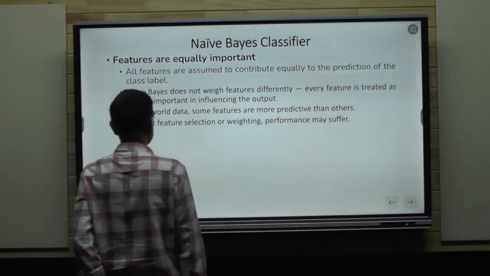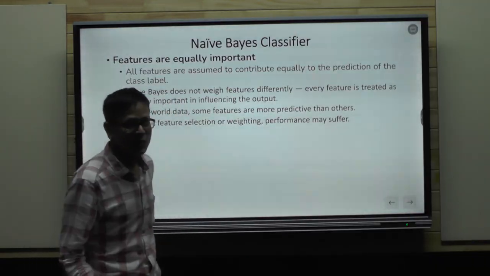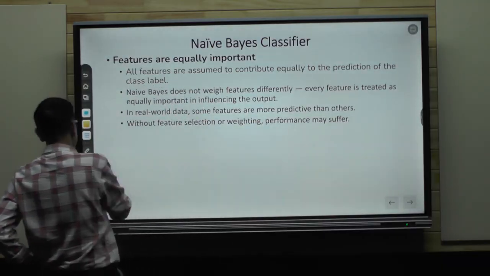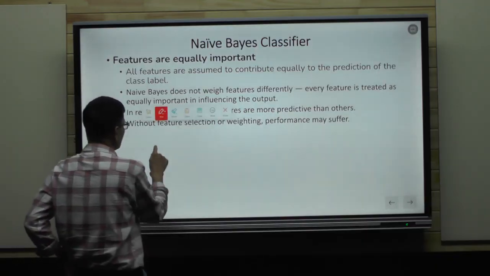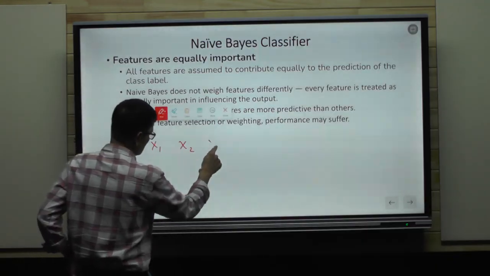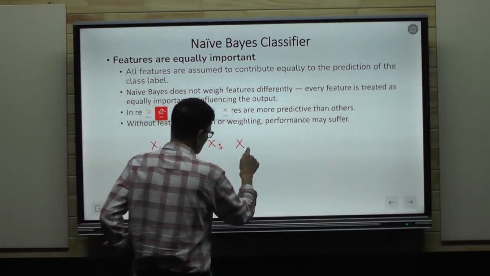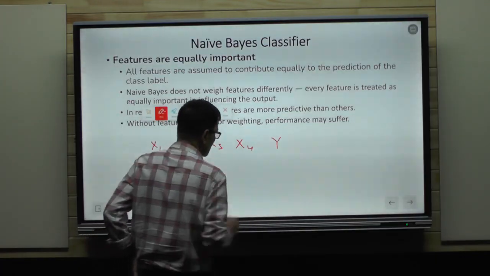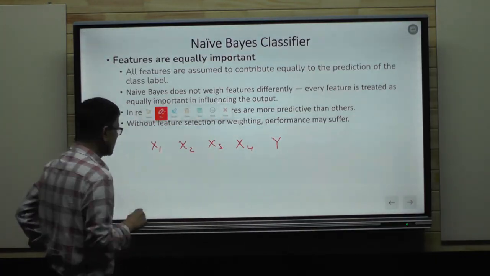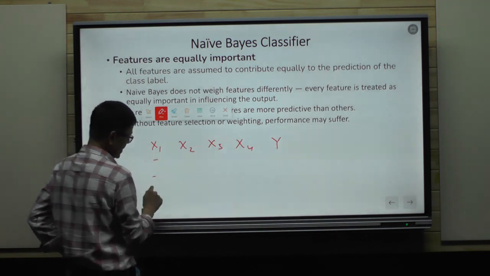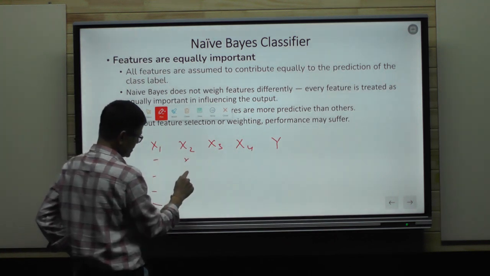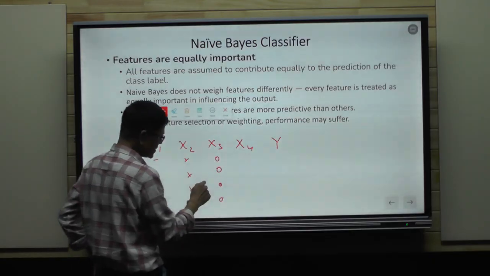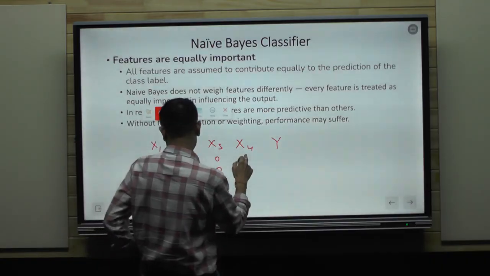Now all the features are equally important. That is one of the most important factors, you can say. Let's understand that we have x1, x2, x3, x4, and this is your target, let's say y. Each of these would have certain values. I'm representing the values with the help of symbols.